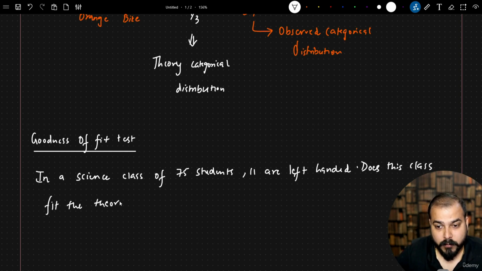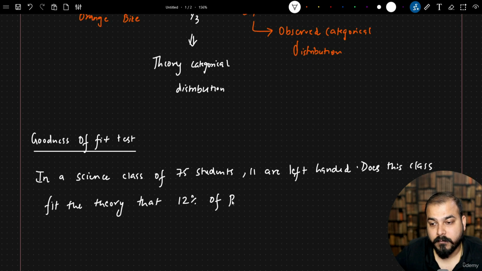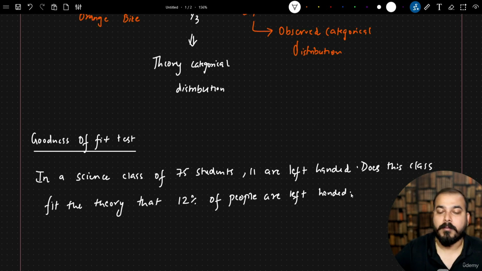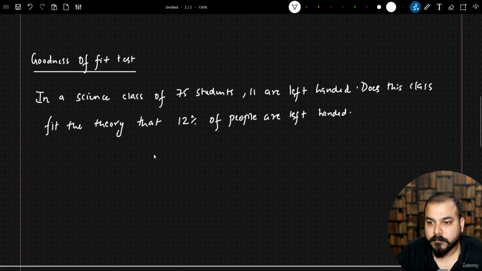This is how the question will be asked: fit the theory that 12% of the people are left-handed. So we have a theory about the population saying that 12% of the people are left-handed.